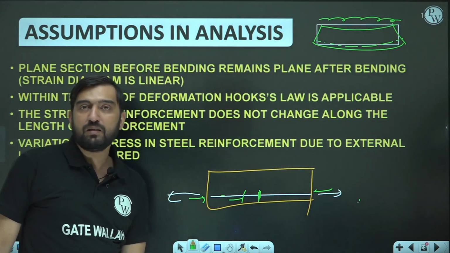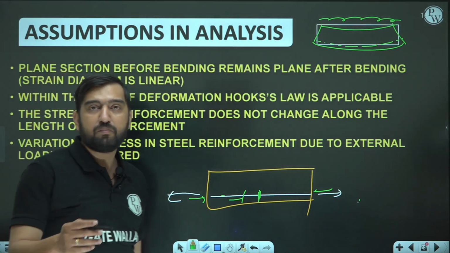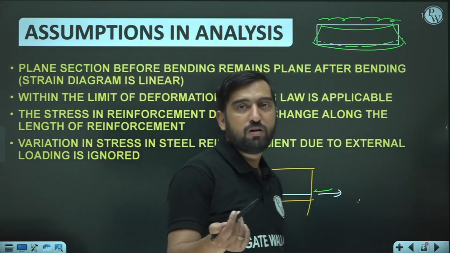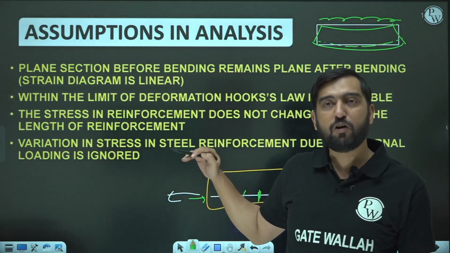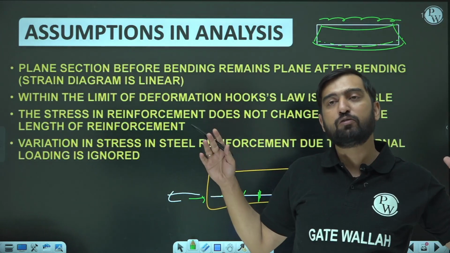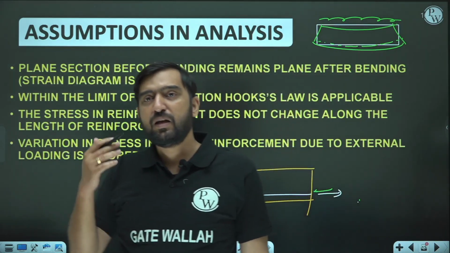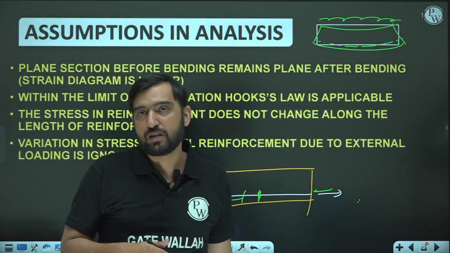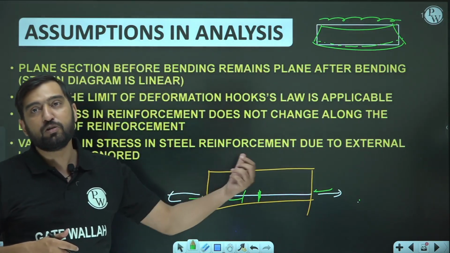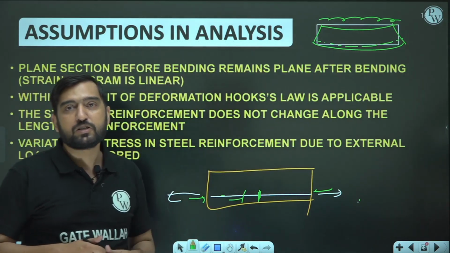So when these pre-stressed concrete members are loaded with the external load, it's quite obvious that the length of the steel wires would change. Due to that, a change in strain would be there, and correspondingly there would be a change in the stresses as well, but we are going to ignore that due to the external load.